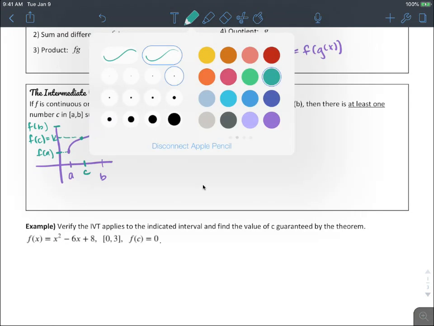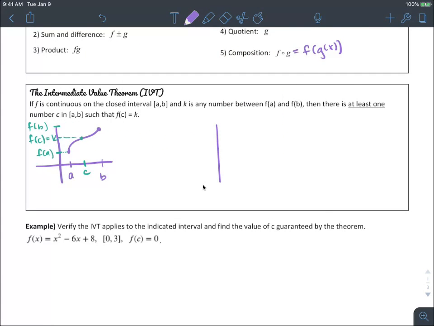Let's do another one. If I have a function, this one's going to get a little crazier. Let's redo that. Okay, so I'm going to have my function from a to b with endpoints included.